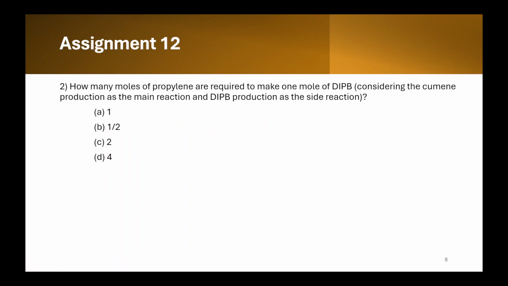Next question, how many moles of propylene are required to make 1 mole of DIPB, considering the cumene production as the main reaction and DIPB production as the side reaction? So there is a reaction system. I will say benzene, and then propylene.